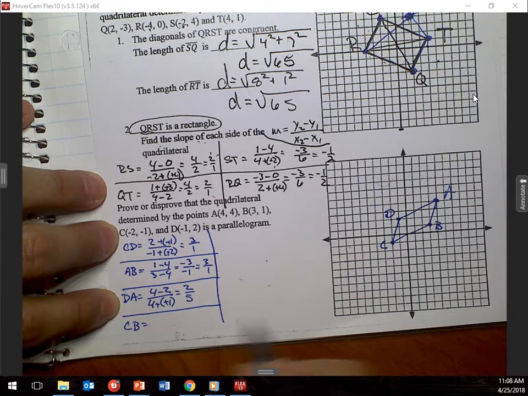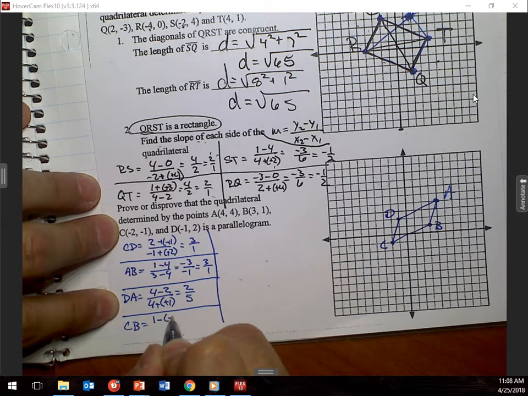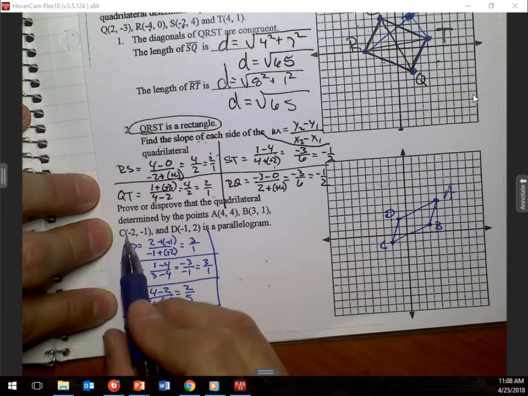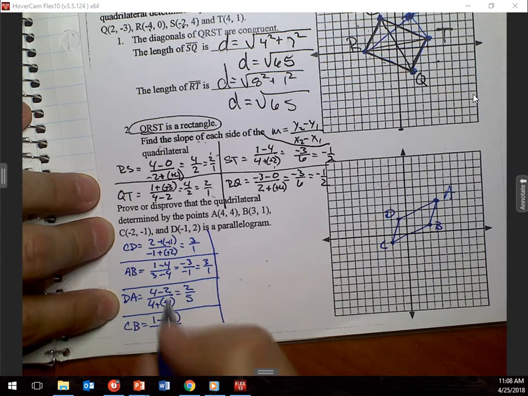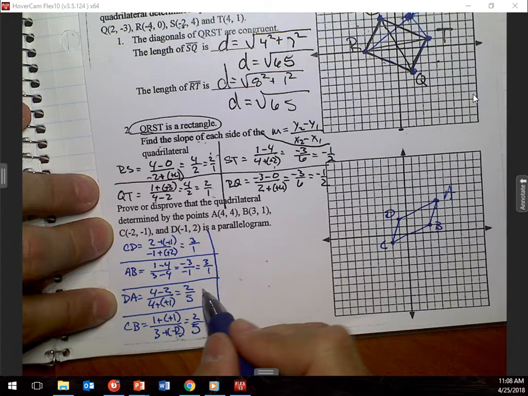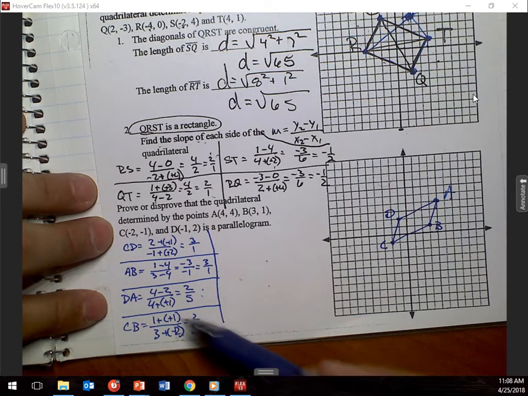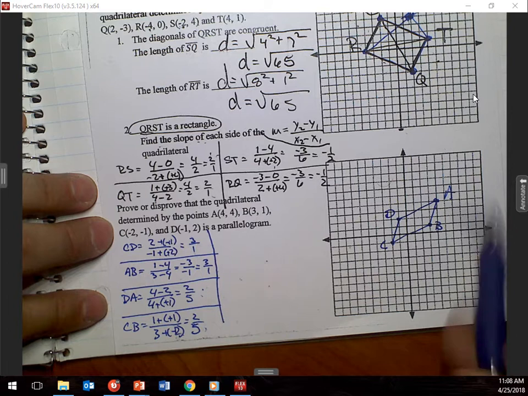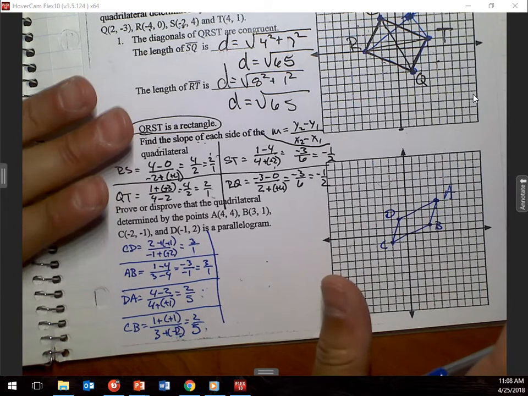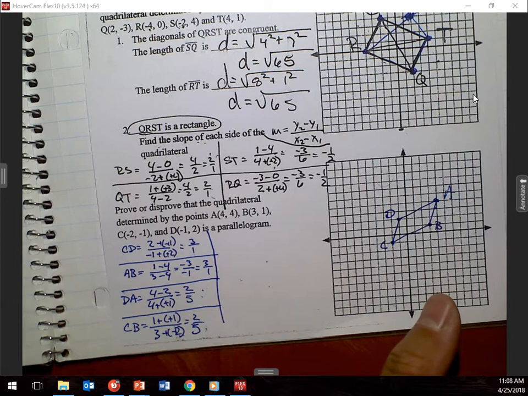So B is my second one, so it's 1 minus -1 over 3 minus -2. So plus 2 over 5. Are these the same? Yes. Now they're parallel. Okay, good. Opposite sides are parallel. So that means it's going to be at least a parallelogram, right?